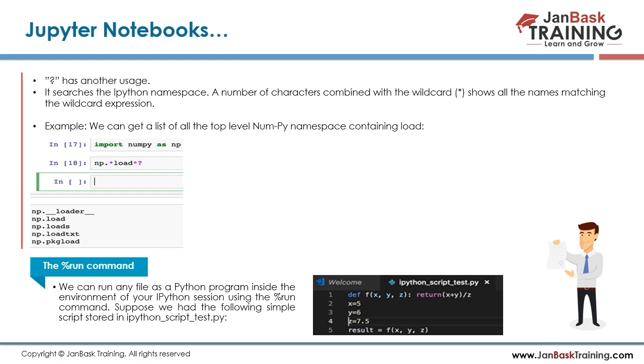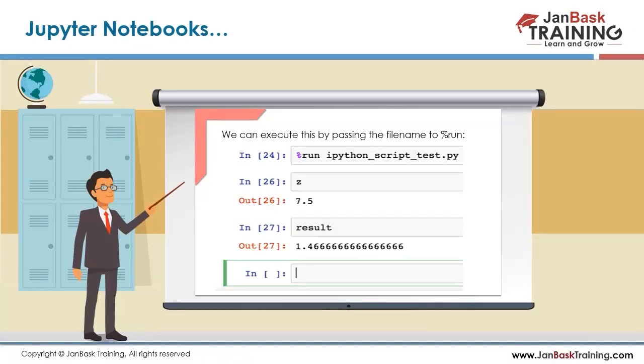So we passed these three numbers and we get the result: x plus y, 5 plus 6, divided by 7.5. The percentage run magic command is also applicable for PyCharm and Sublime Text, all of these.